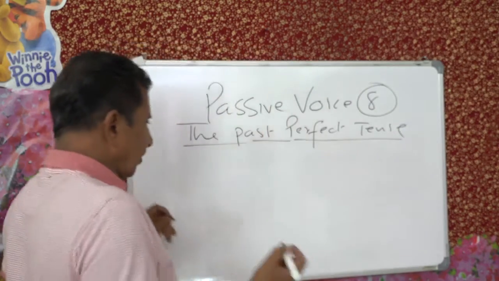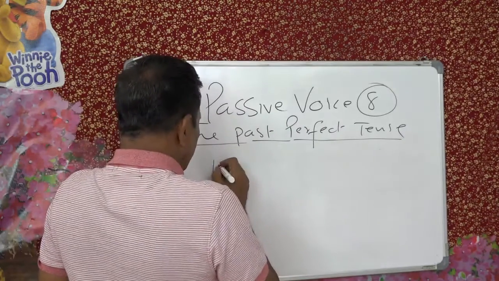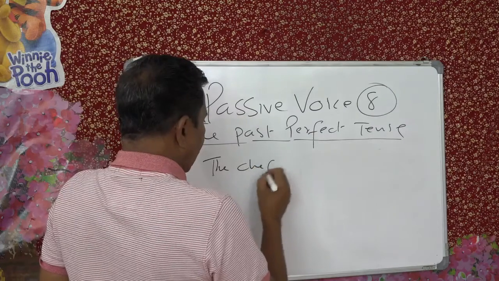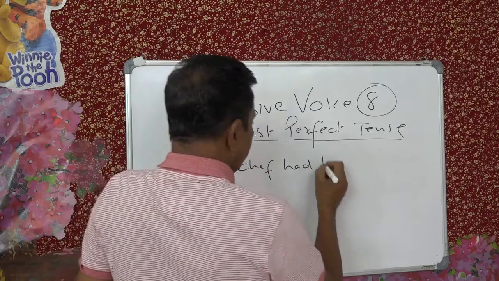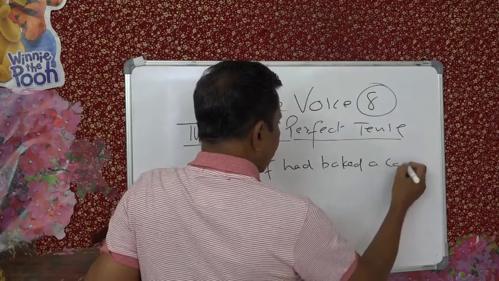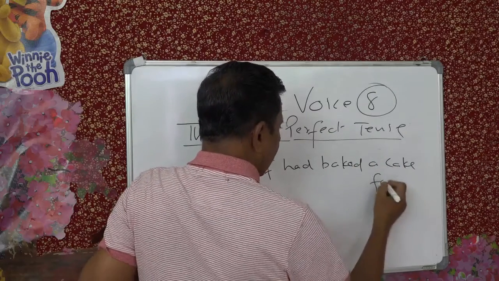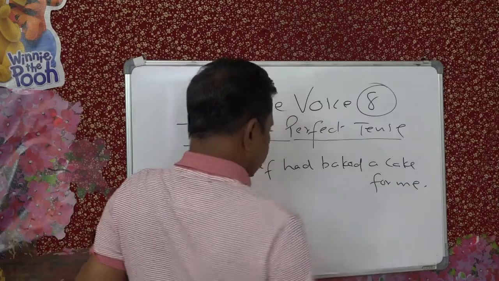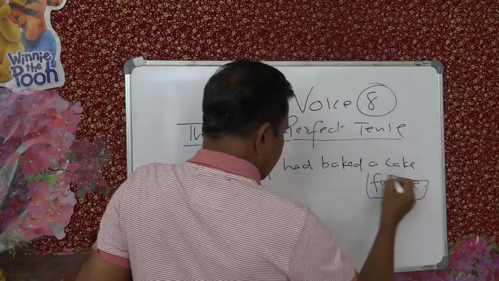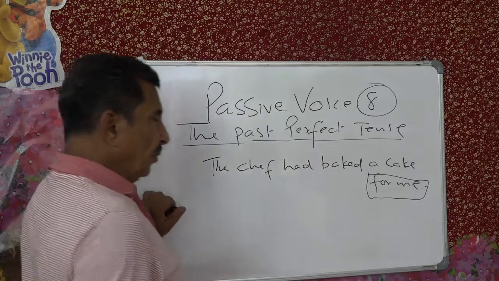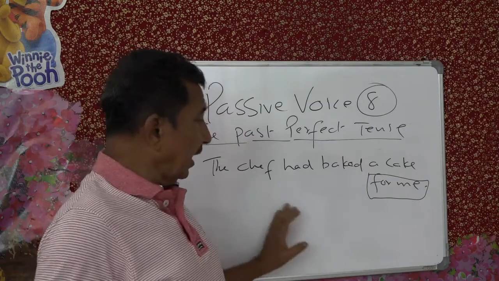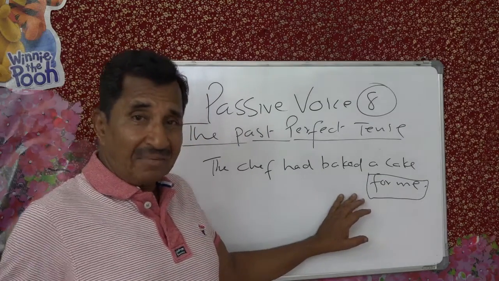Let's say once again: the chef had baked a cake for me. This is the dative or indirect object. This should not be moved. If you move it, it will be something like "I had been baked".